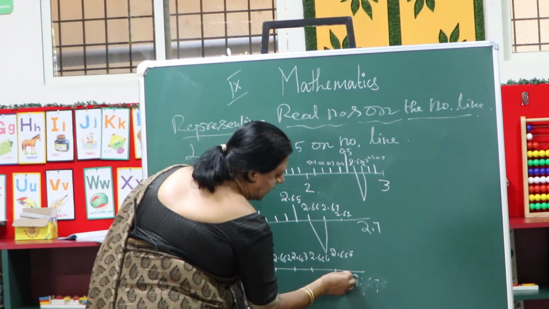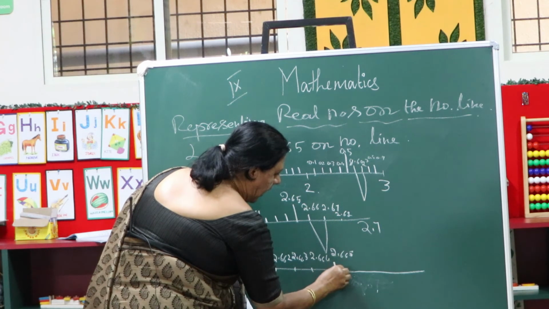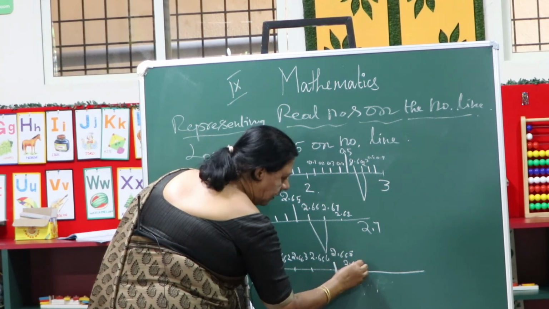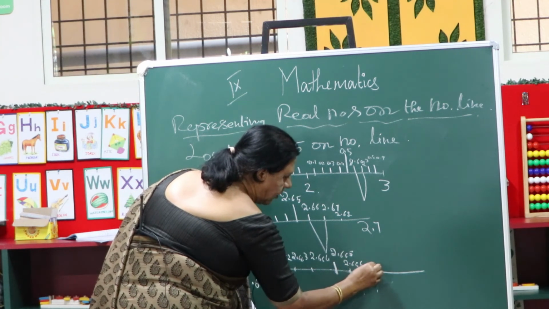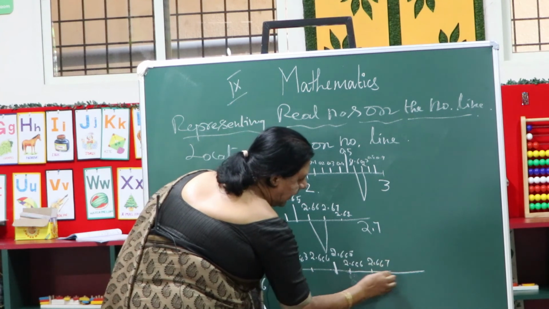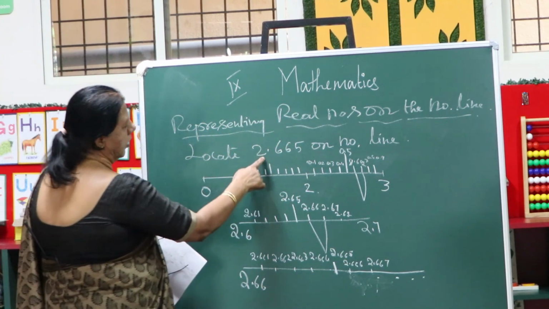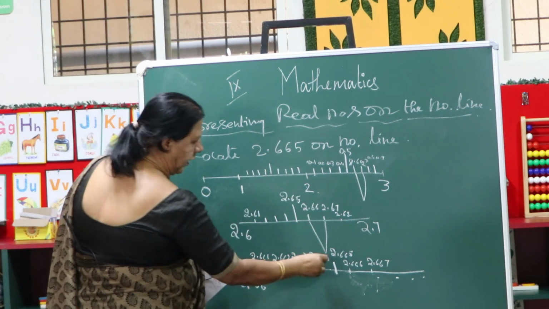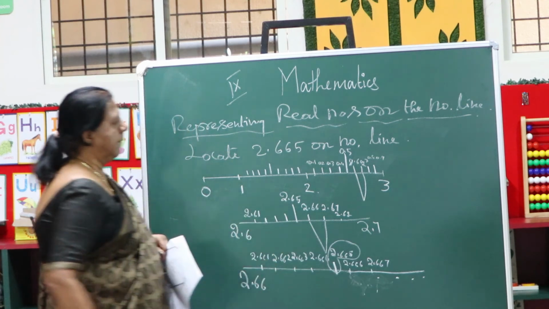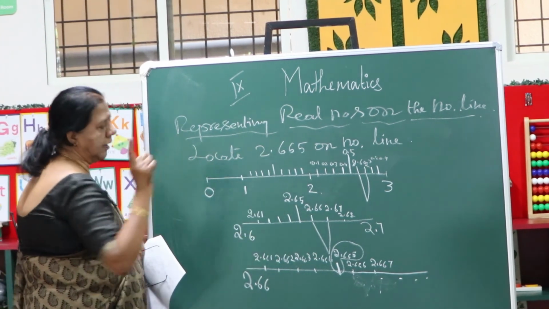You extended this line still more. You can continue as 2.6666, 2.667, etc. It continues like that. So you found 2.665 here. So this is your decimal point on the number line.